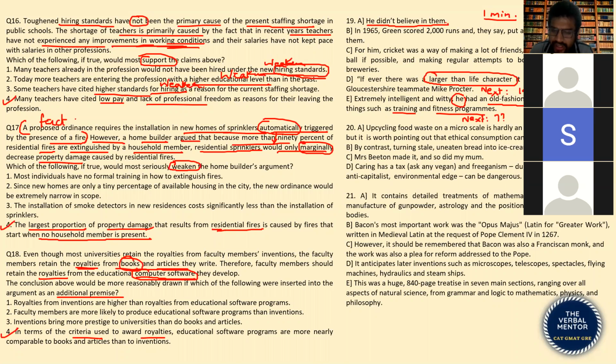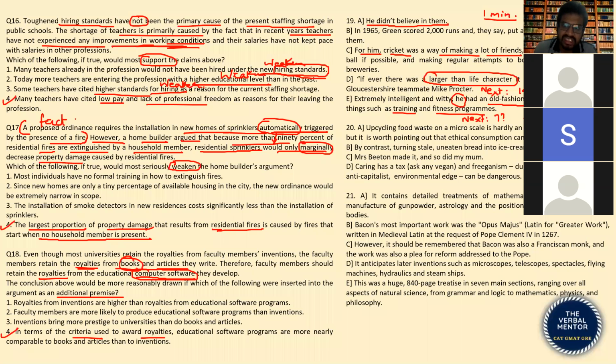He did not believe in training and fitness programs. If he did not believe in them, cricket for him was a way of making friends, having fun, and not warming up or training or building your body, etc. So EAC becomes a beautiful triplet.